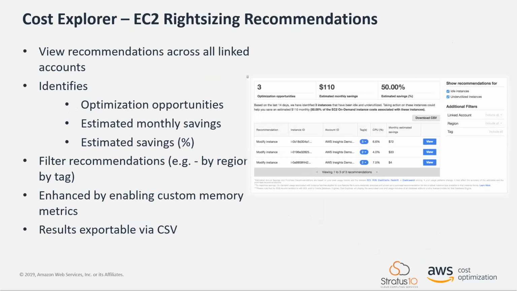You can filter the recommendations by regions, tags, linked accounts, and the results are exportable to CSV format. Do note, though, that you will get more accurate recommendations if custom metrics for monitoring are enabled on the instances, and you do that by installing SSM Server Manager agent.